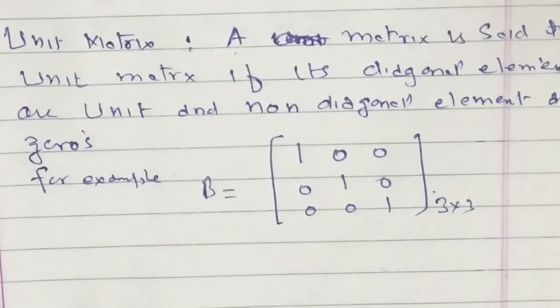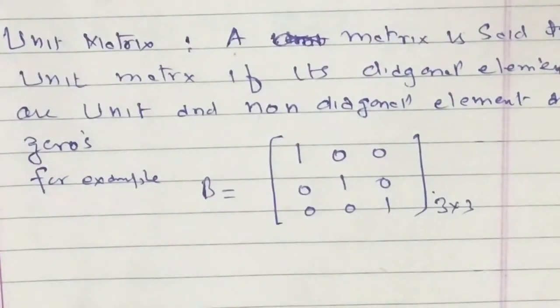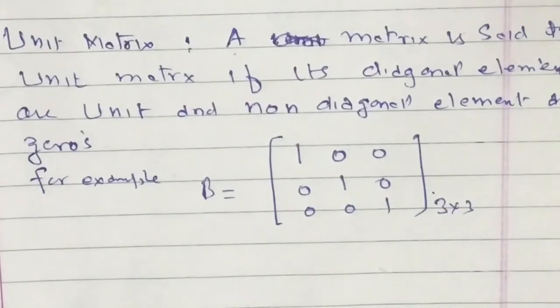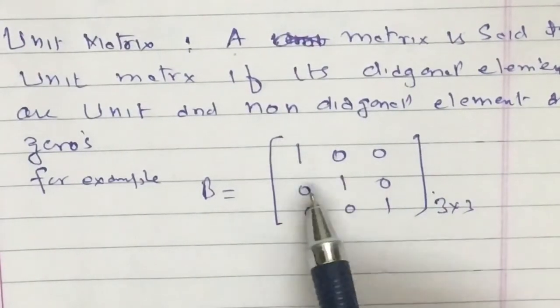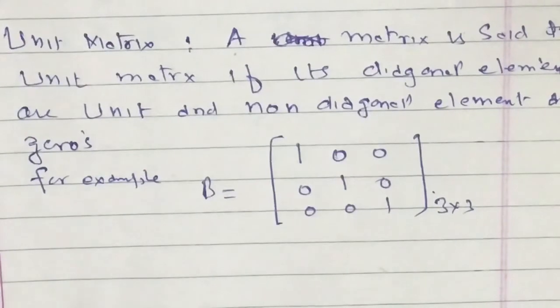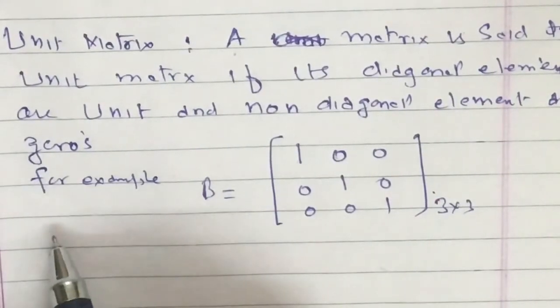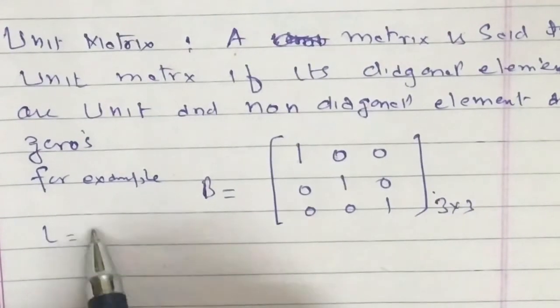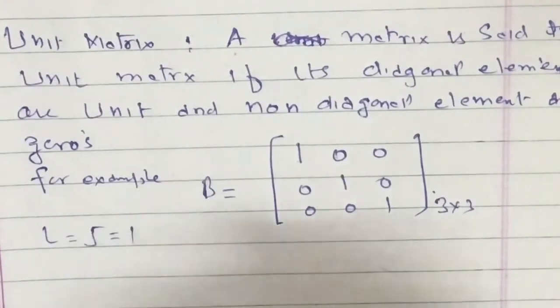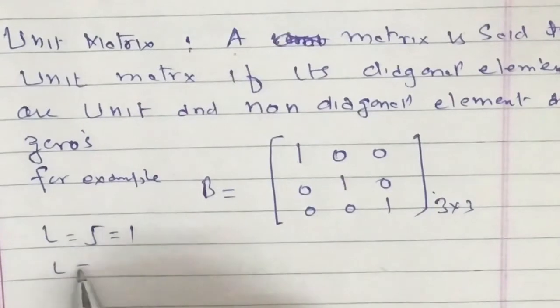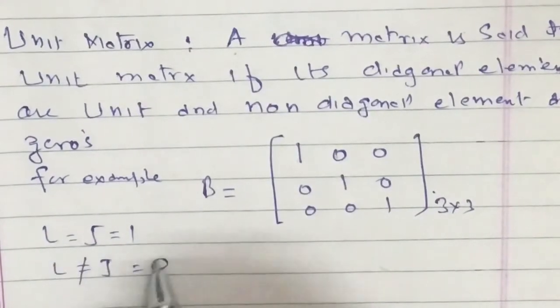There is one other example also in a 2 into 2 matrix. In that case you can write 1 0 and 0 1. So in a 2 into 2 matrix, your diagonal elements are always 1, 1, whereas non-diagonal elements are zeros. So you can say diagonal elements, where i is equal to j, are equal to 1, and where i is not equal to j, they are equal to 0.